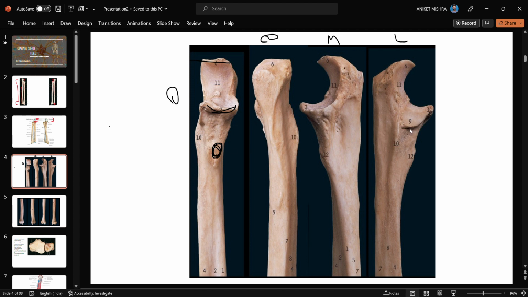When we look at the lateral border, this is the part for the radial notch, where the head of the radius articulates. The annular ligament is attached to the anterior and posterior margins of the notch.